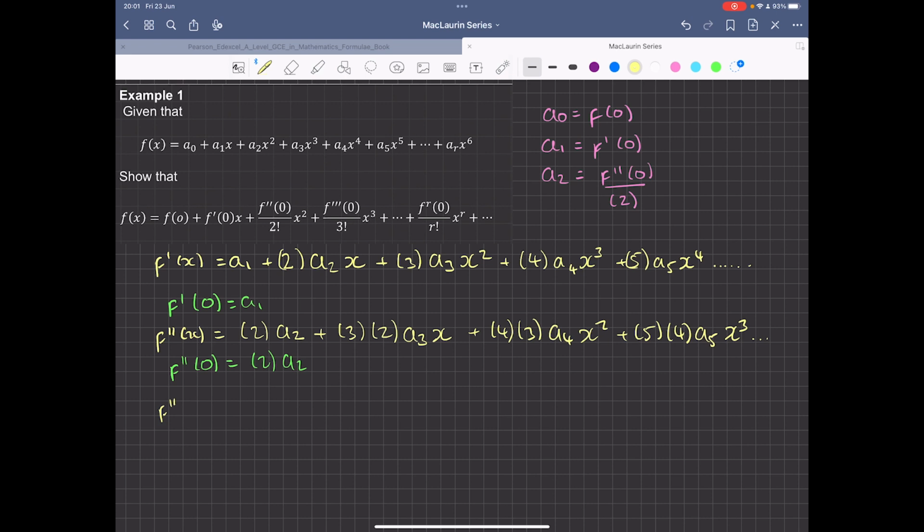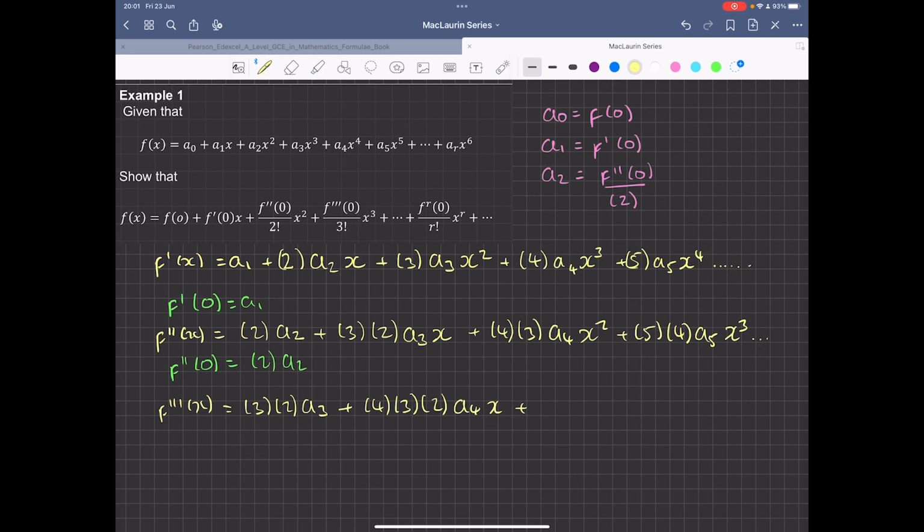So we've got the third derivative of x. This constant will go, as will this x. So we've got 3 lots of 2, a3. This 2 will come down, so we've got 4 lots of 3, lots of 2, and then we'll lose 1 from this power, so a4, and then x. This 3 will come down.